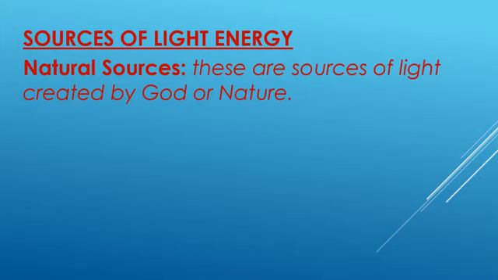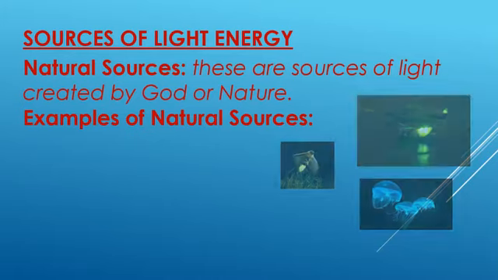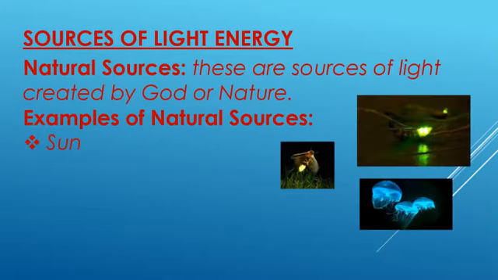Now, let's look at examples of natural sources. Before I put down a list, I hope you can mention some of the natural sources of light. Yes, the ultimate one that comes to mind is the sun. Then we have the stars that we see at night. Firefly.